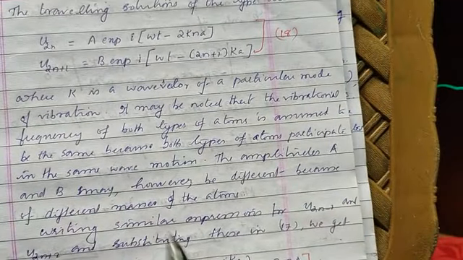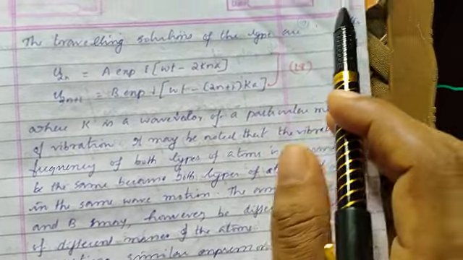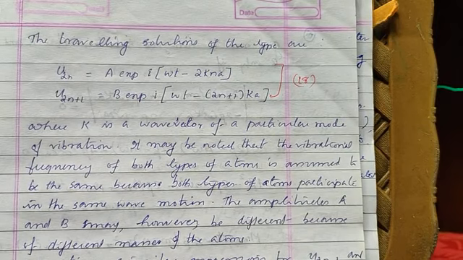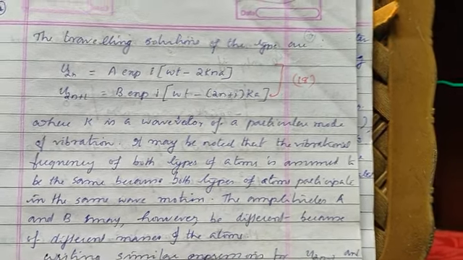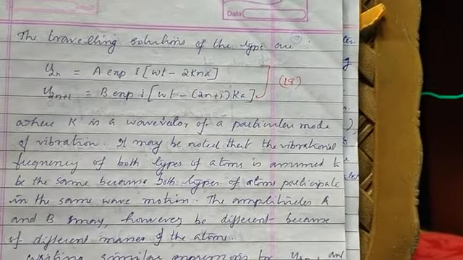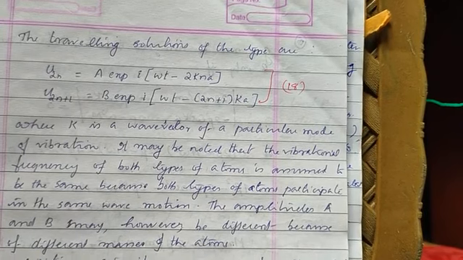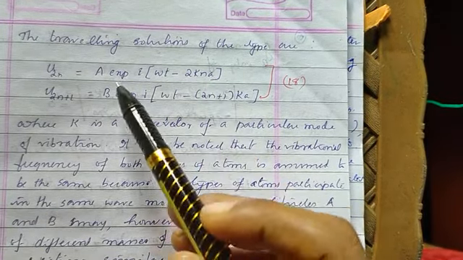The traveling wave solutions of this type of equation are represented by u2n equal to A exponential i times omega t minus 2nka.